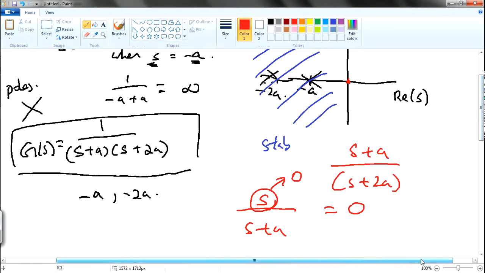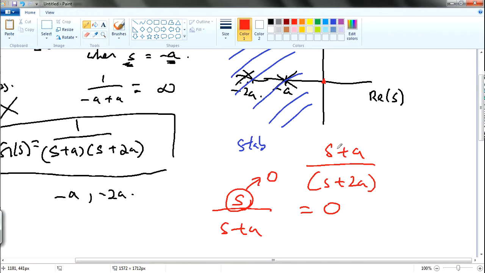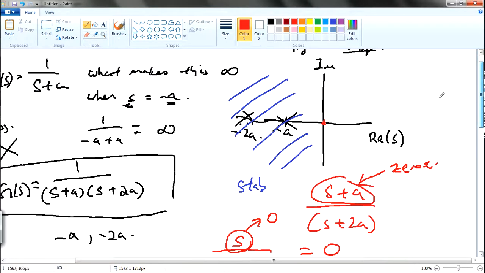Just spotting it out is just saying that whatever makes the numerator 0 is called zeros, right? So minus a makes this thing equal to 0. So when you plot it in this Argand diagram, your zero is actually this, so you draw a circle. For the denominator, if it's making it 0, we call it poles, right?